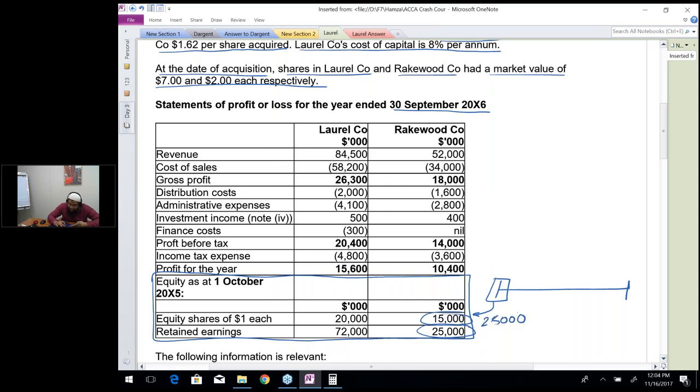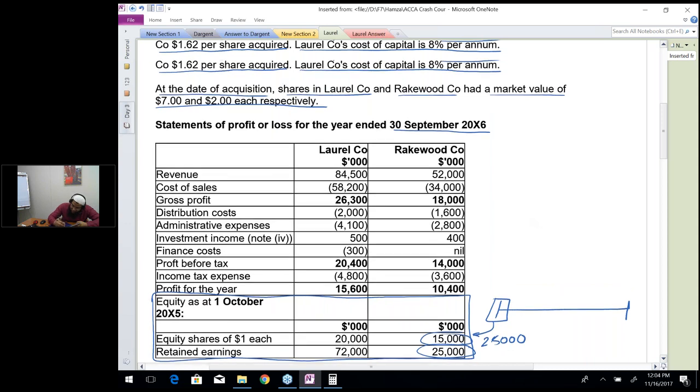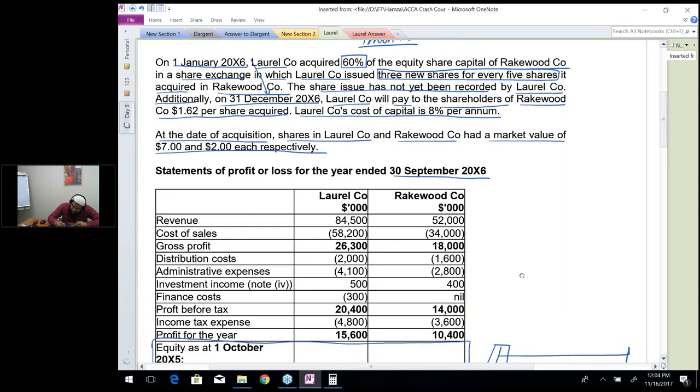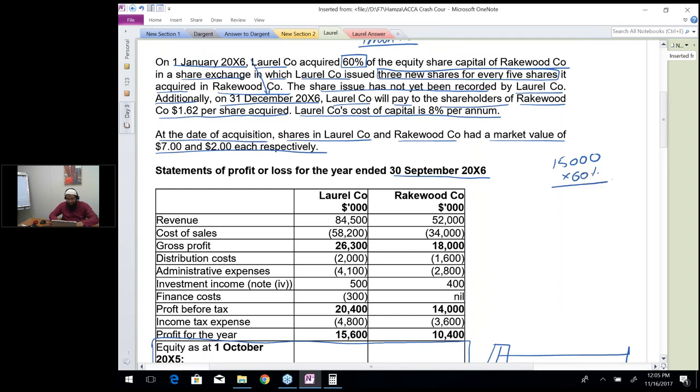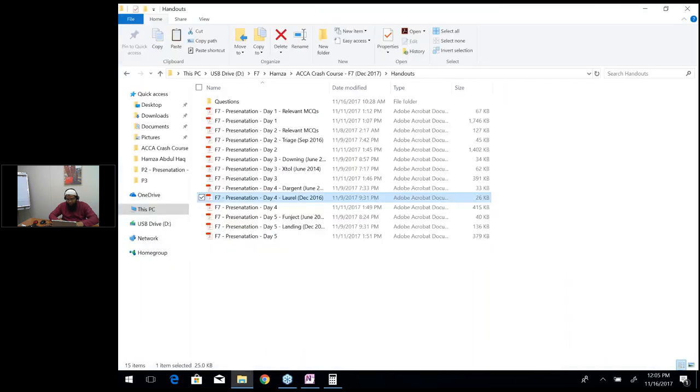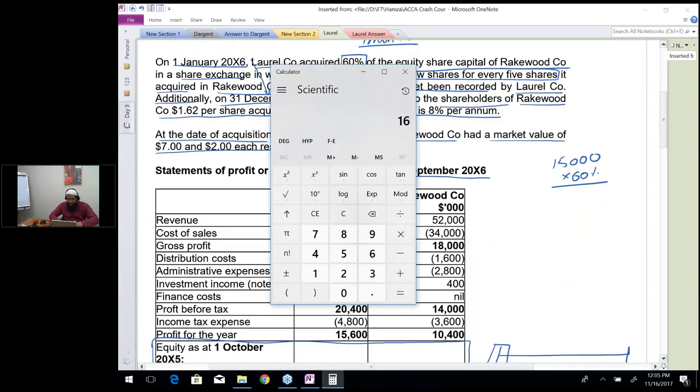So if I calculate the consideration, I would say that out of 15,000, we have acquired 60% of the shares, which will be 15,000 into 60 divided by 100, which is 9,000.